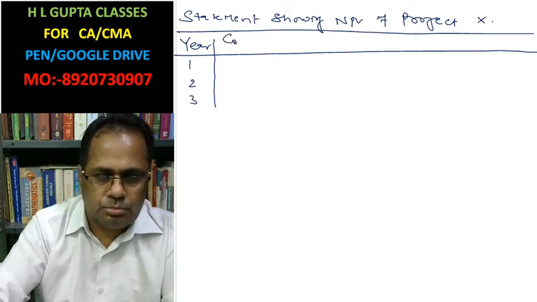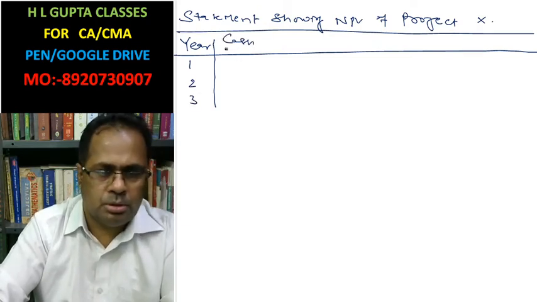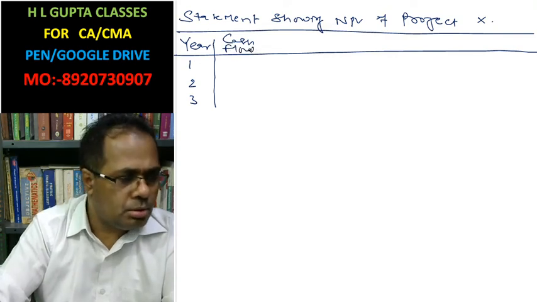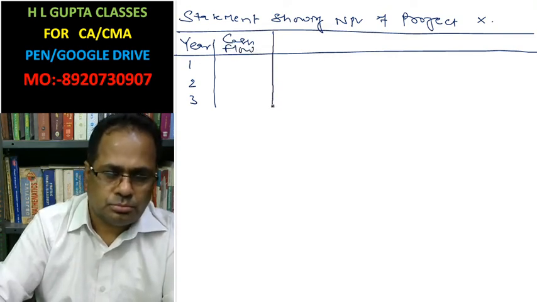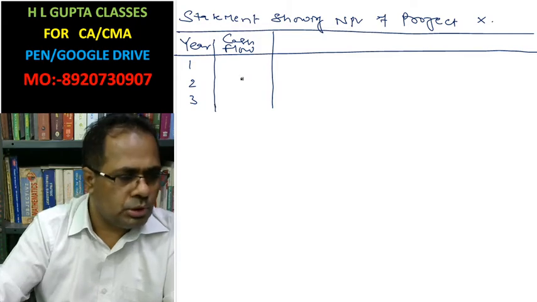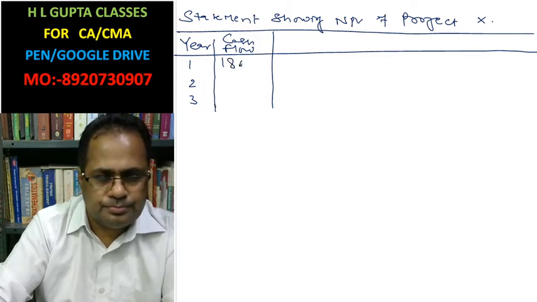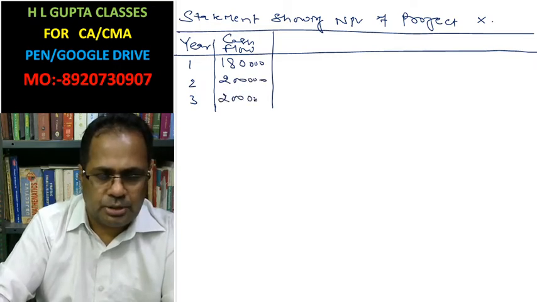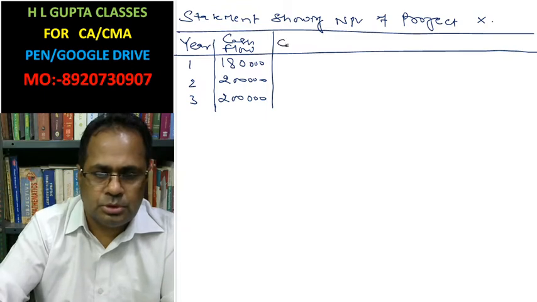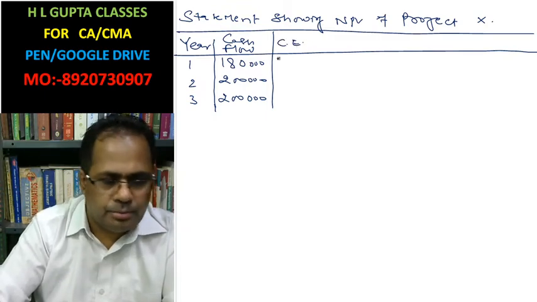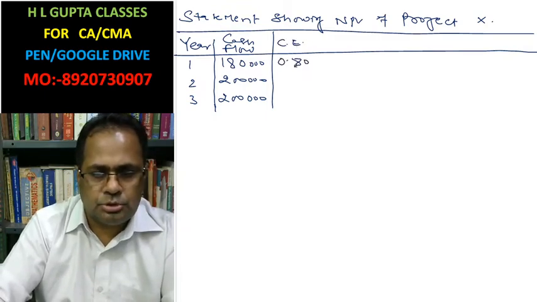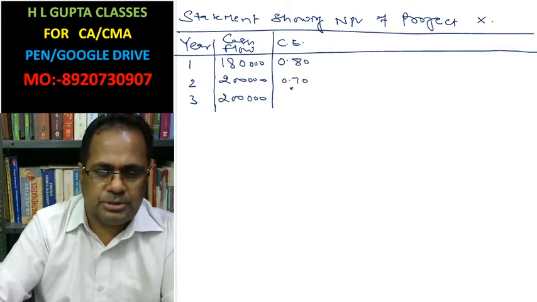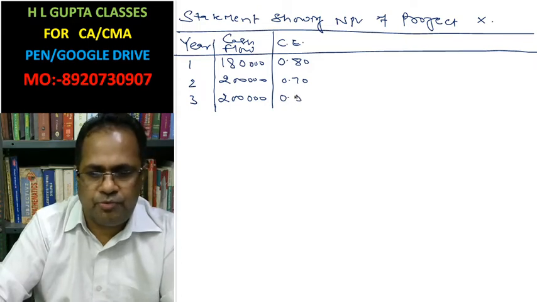Cash flow: 1,80,000, 2 lakh, and this is 2 lakh. Certainty equivalent: 0.80, 0.70, 0.50.